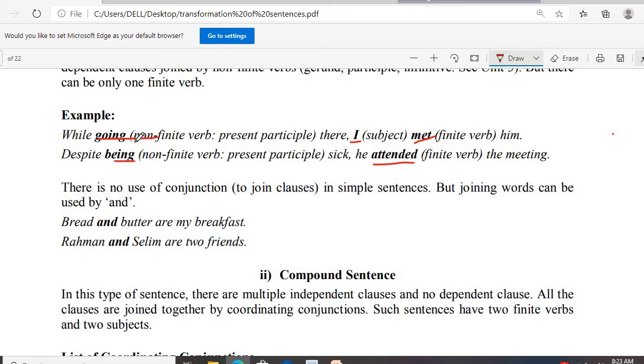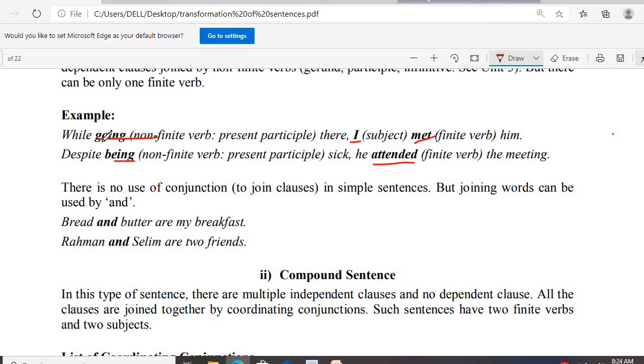You see in example number 1 and number 2, there is no use of conjunction for joining clauses. In which sentence? In a simple sentence. But joining words can be done by and. Joining words and joining clauses are two different things.